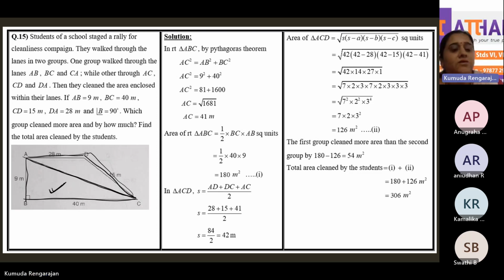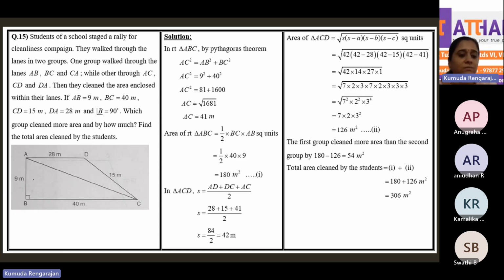Okay. Now the question is which group has cleaned more area and by how much? So first we should find the areas, right? Because this is a right triangle, you can find the area of triangle ABC using the formula half base into height, half into 40 into 9.